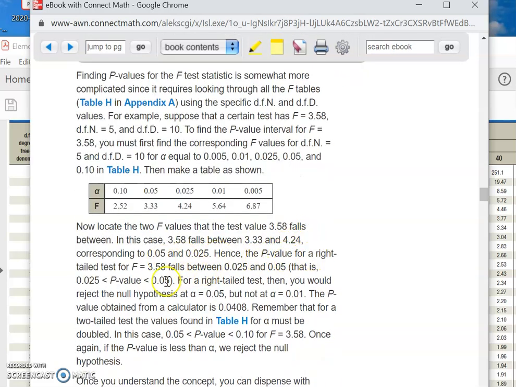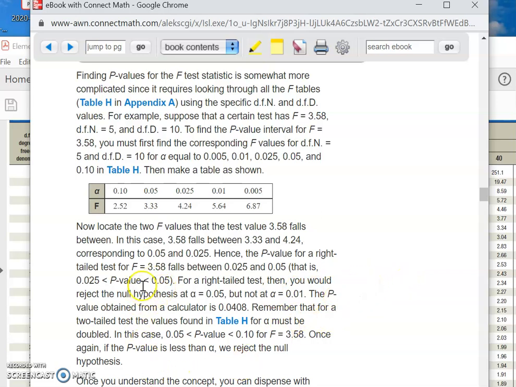So that's what he says right here. The p-value for a right tail test is between 2.5% and 5%, between here and here. This is the way we would normally write that. For a right tail test, you would reject the null hypothesis at alpha equal to 0.05. Why is that?